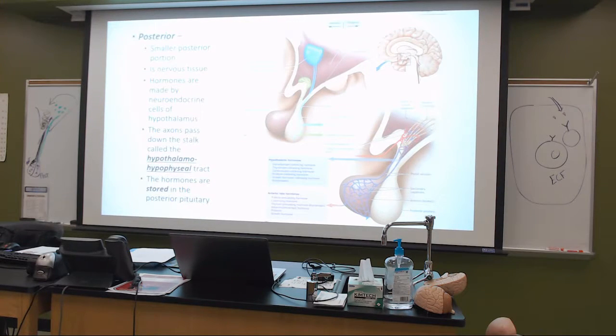Okay, so in the posterior pituitary, the only two products, oxytocin, antidiuretic hormone, because of the structure, because of the connection, and because of the quick need of these chemicals.